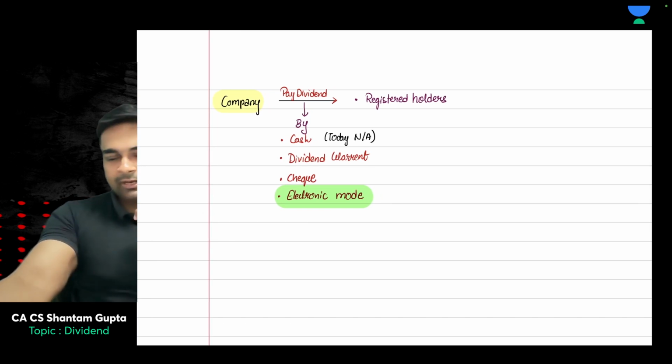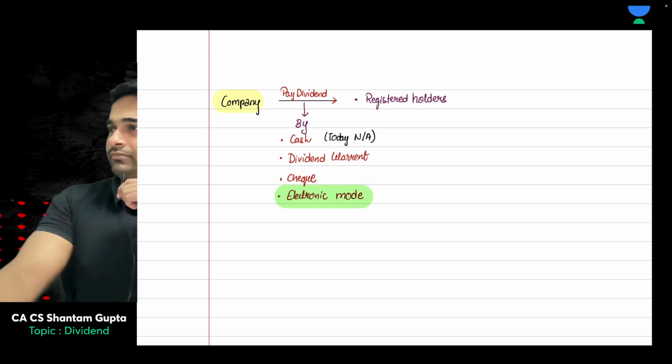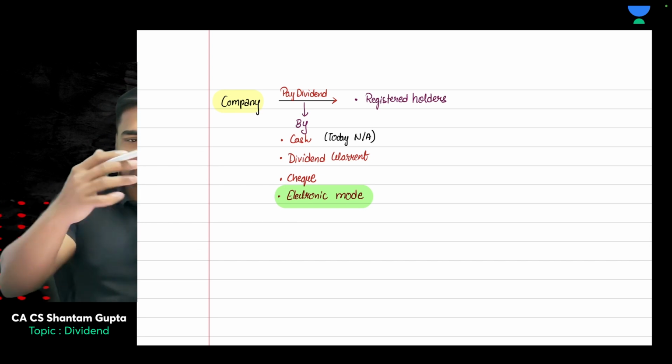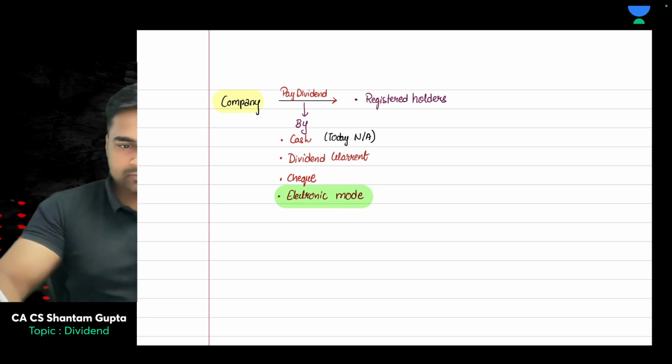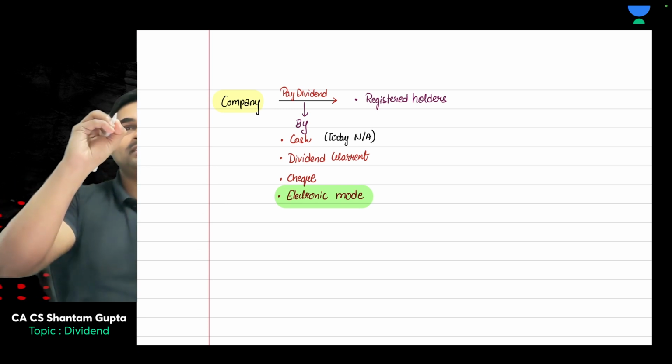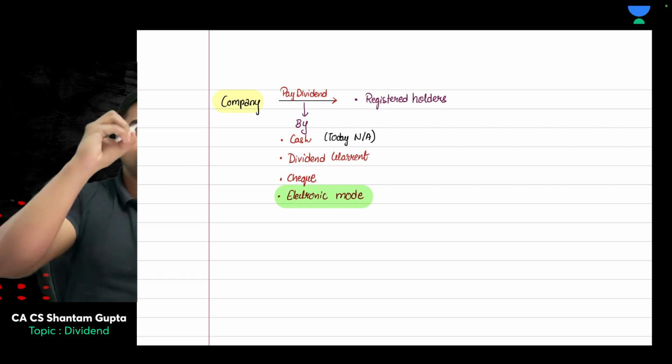Okay. So company to pay dividend to registered shareholder. Okay. By cash, dividend warrant, check, electronic method. Done. Now, there is this one sentence I will write in red.